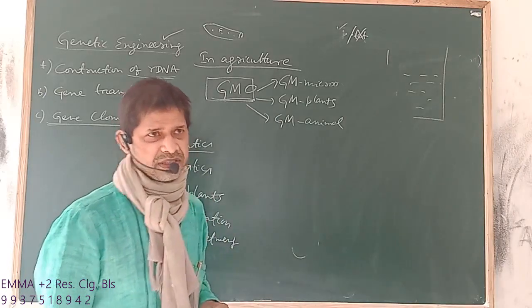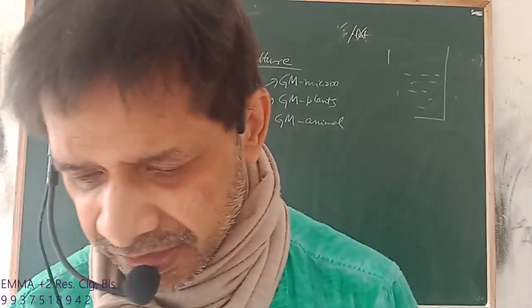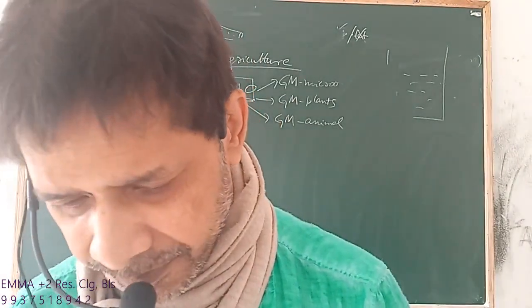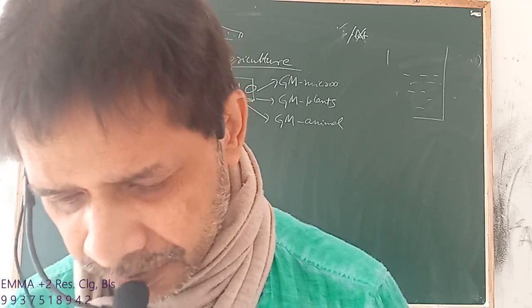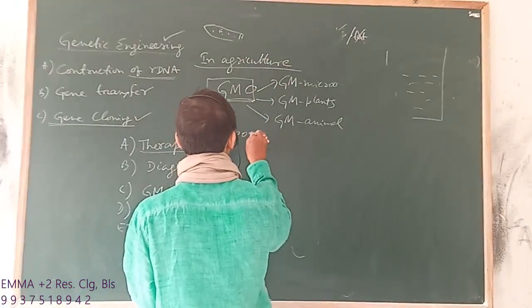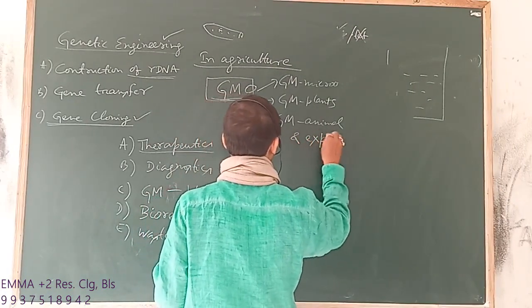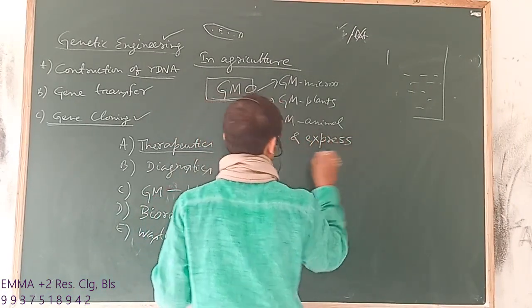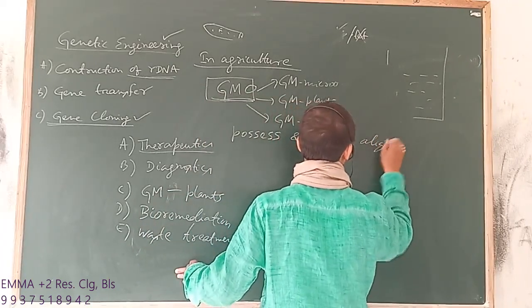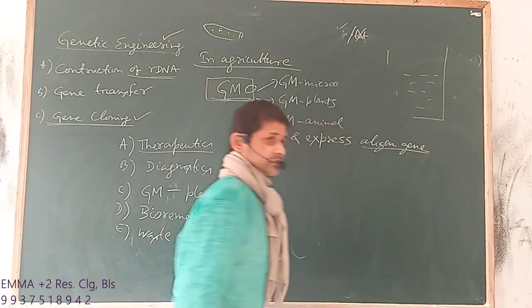That is the important definition. So what is a genetically modified organism? The organism that possesses and expresses an alien gene, means a foreign gene.